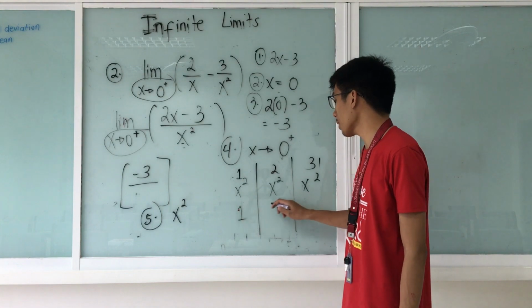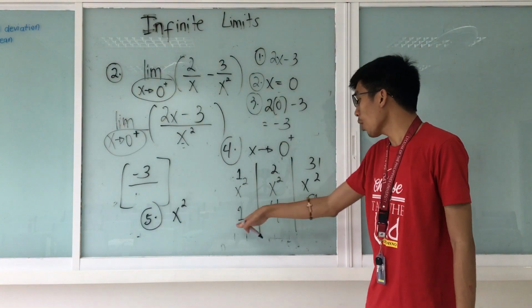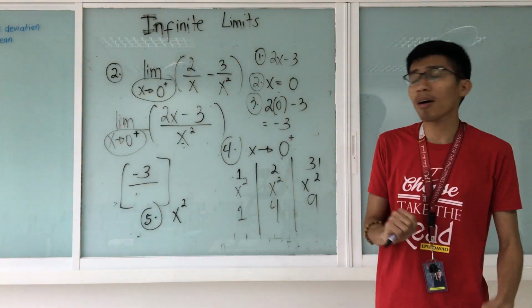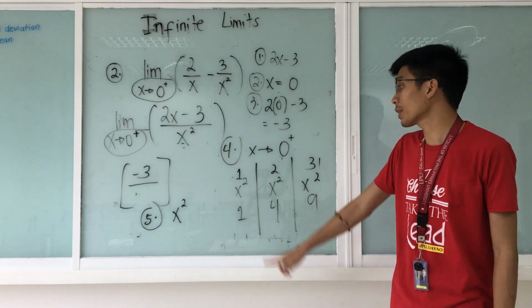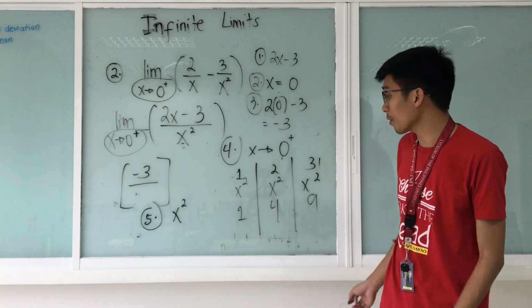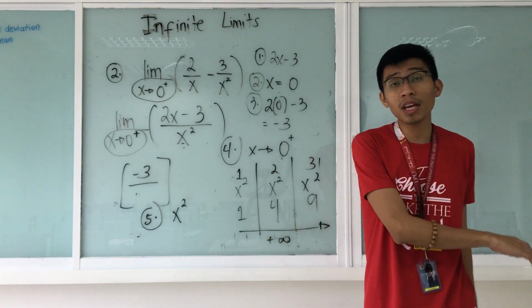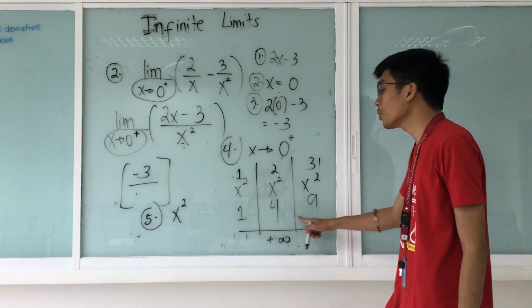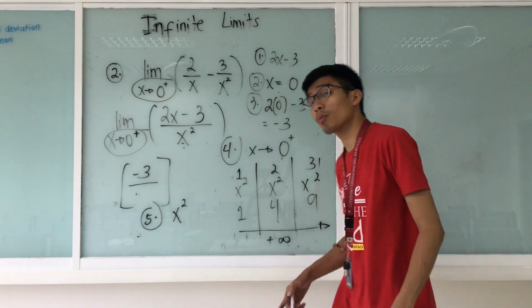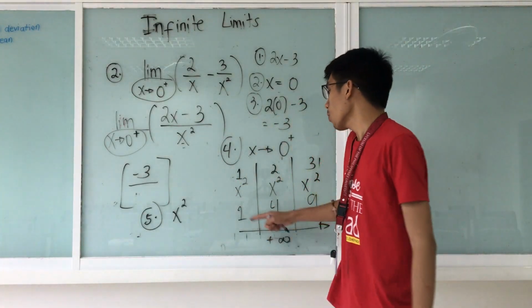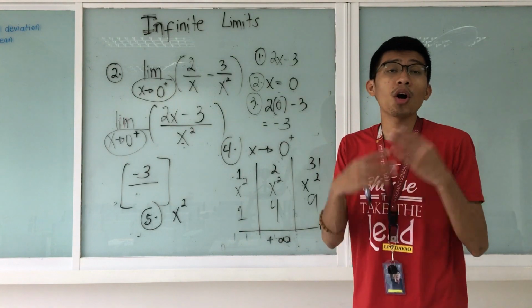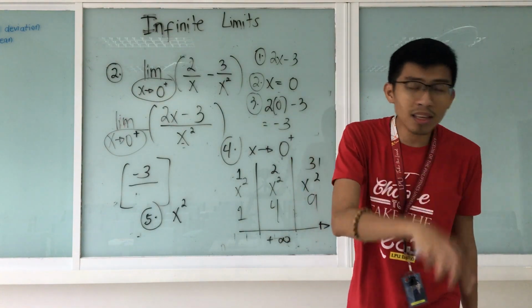That is 1, 4, and 9. Obviously, all the signs are positive for step number 5. Therefore, it approaches positive infinite. Again and again, once your numbers here are all positive, automatically that is positive infinite. Once your results are negative, automatically that is negative infinite.